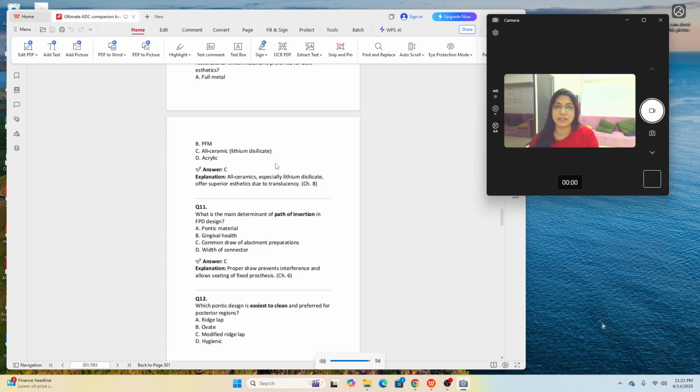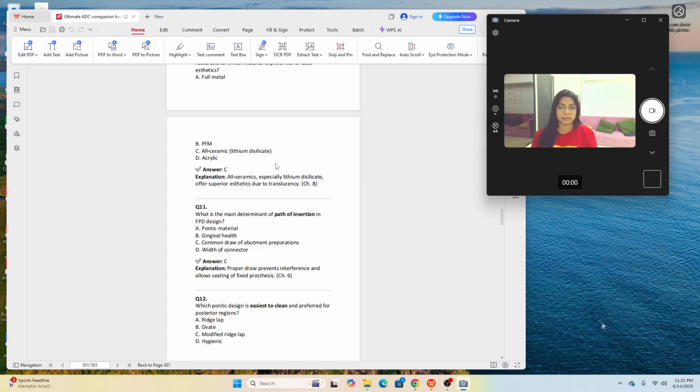Always, always, always. It is not related to the crown material that you're putting in. Path of insertion is always on the abutment tooth. So whenever any question is asking about the main determinant of path of insertion, it's always how you draw, meaning prepare, your abutment tooth.